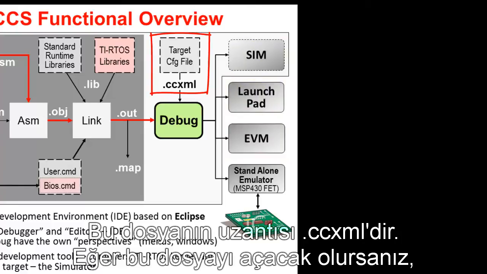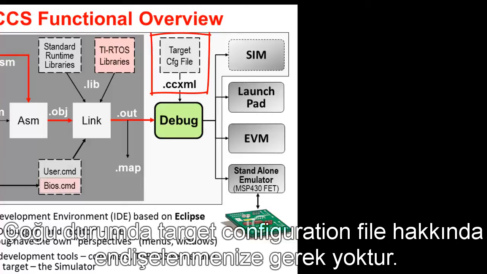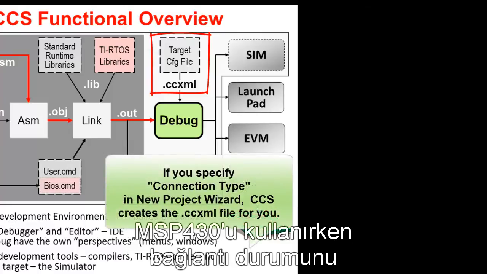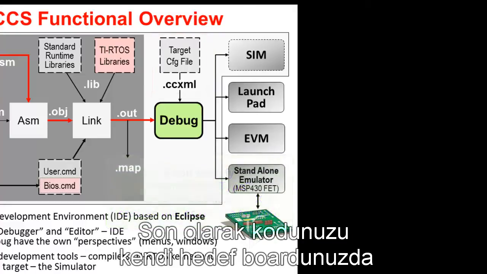Its extension is .ccxml, and if you happen to peek into this file, you'll find that it's actually an XML description of that connection. In most cases, you won't need to concern yourself with the target configuration file. When using the msp430, as long as you specify the connection type when you create a new project, CCS will automatically create the ccxml file for you and add it to your project.